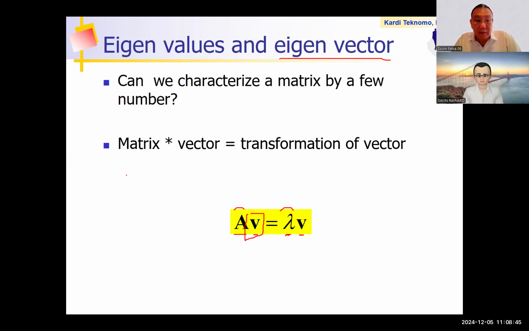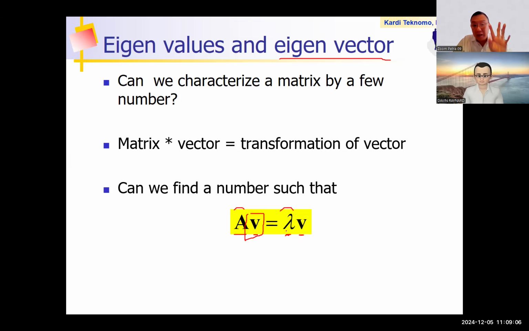So remember, matrix times vector is practically a transformation of the vector, isn't it? Now, if we can find the number lambda, so that the transformation of the vector is just a scaling of the vector, isn't it? Lambda here is just a number, real number or complex number.